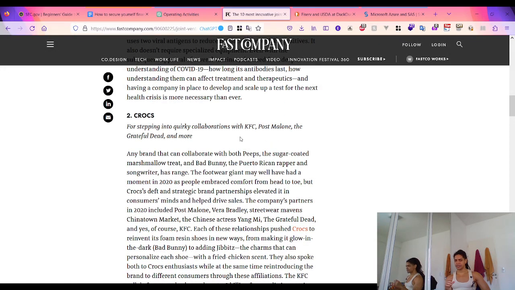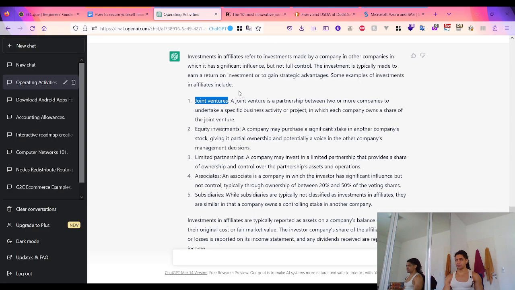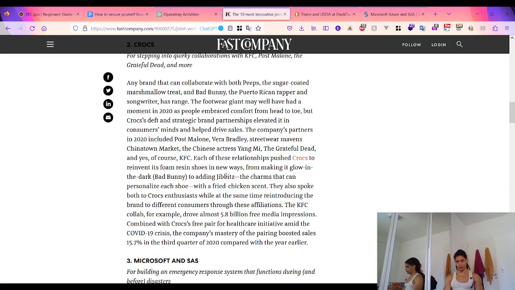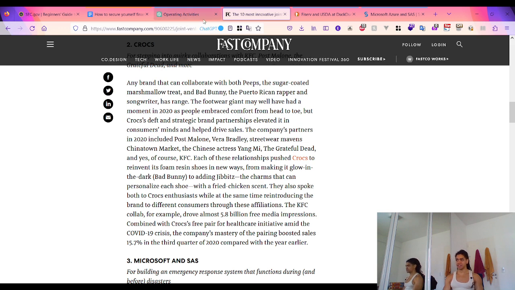Okay. So this is an example of joint ventures, okay? A company that invests in another company which has significant influence but not full control. And typically they do this to earn a return on investment, or to gain a strategic advantage, or both. Okay, earn some revenue from investment and gain a strategic advantage.